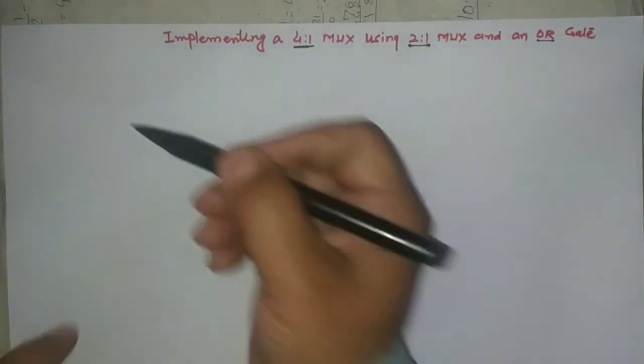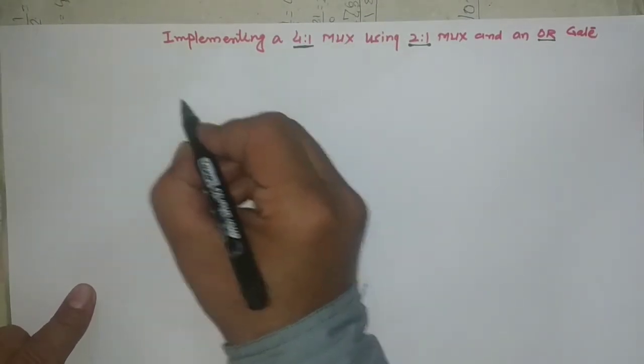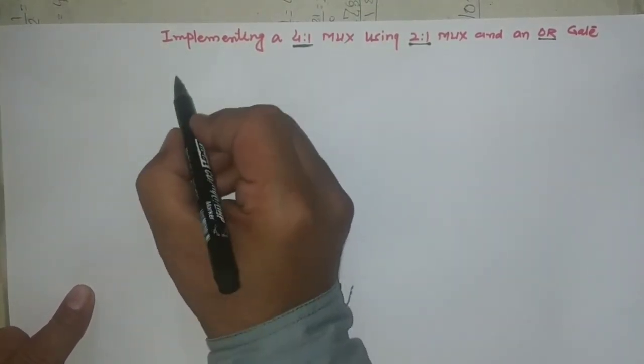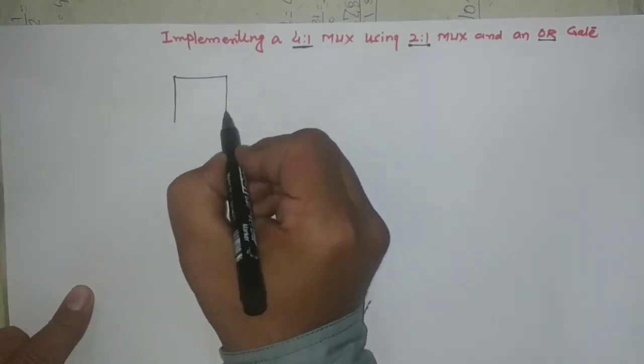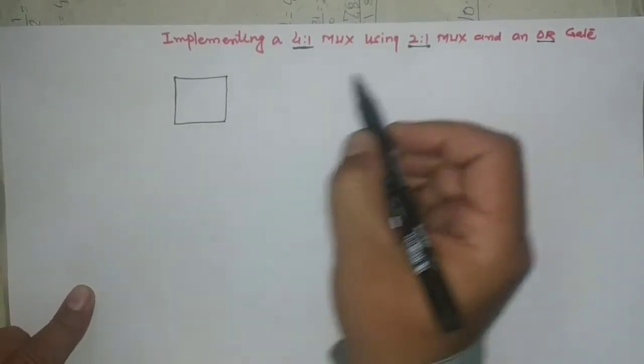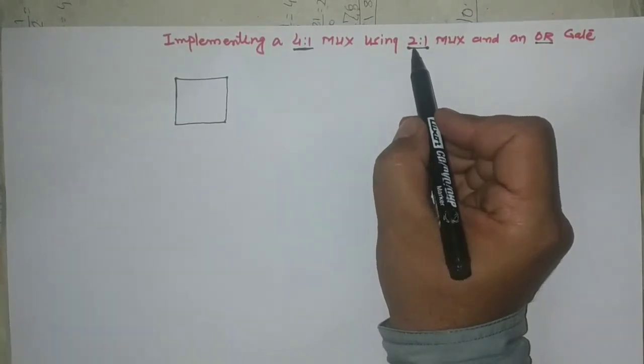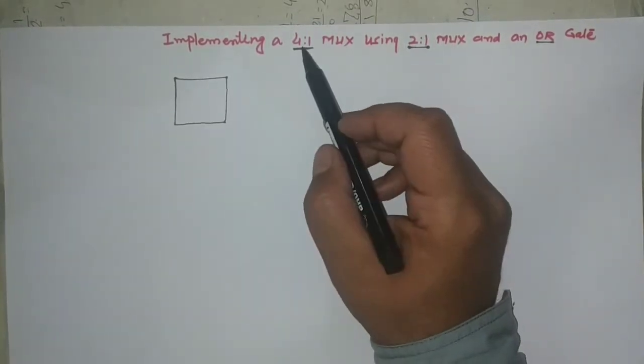Obviously, to implement it, we need 2 multiplexers, because a 2 to 1 multiplexer can take 2 inputs, but we want 4 inputs.